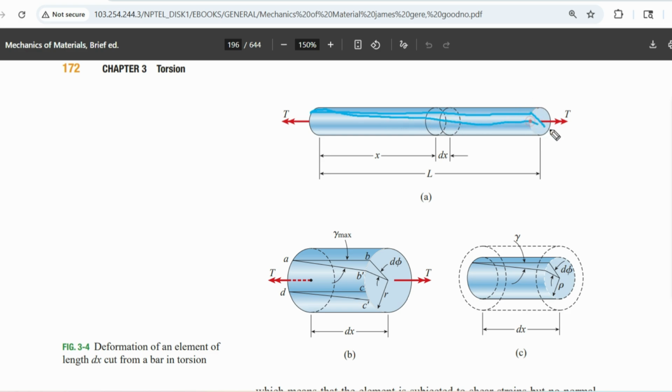So this is the angle phi, and it's a phi of x. And so this angle right there would be phi at length L. Because these two slices are literally next to each other, because of the differential, this distance dx is just infinitesimally small. So there you go. These angles are the same.